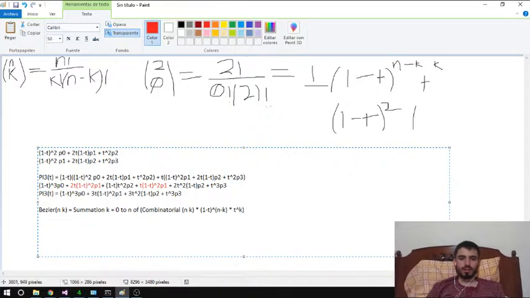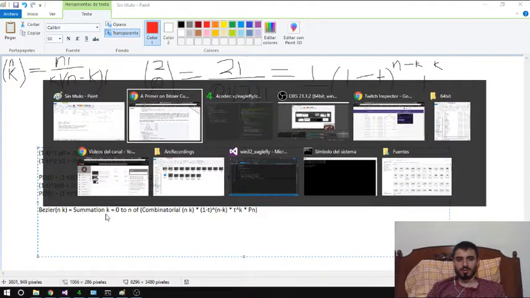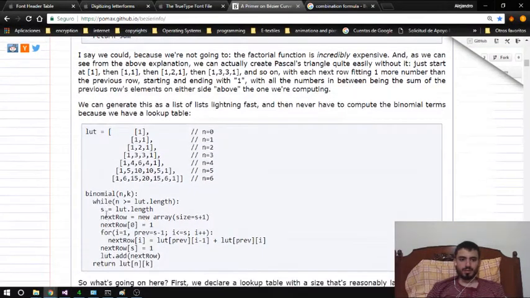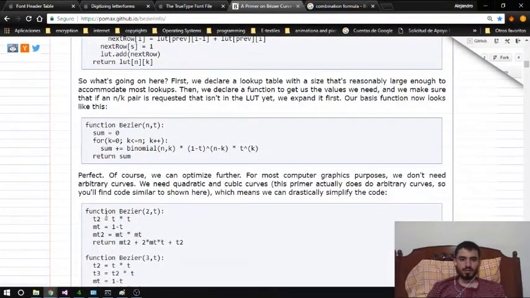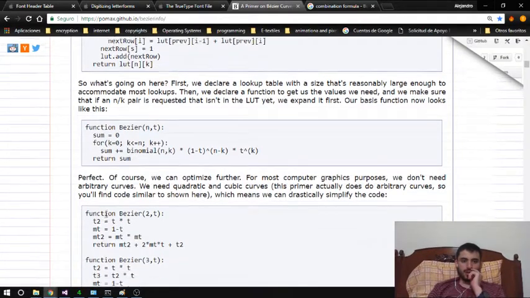For each one I can even put here times the point, since it's a constant, this can be added.